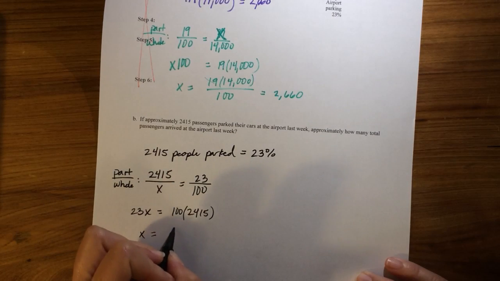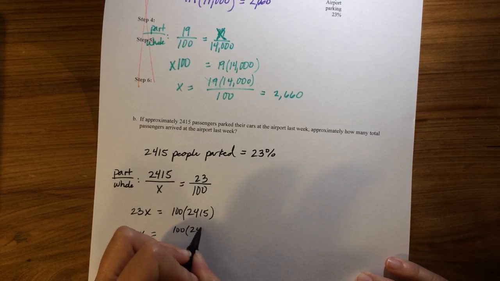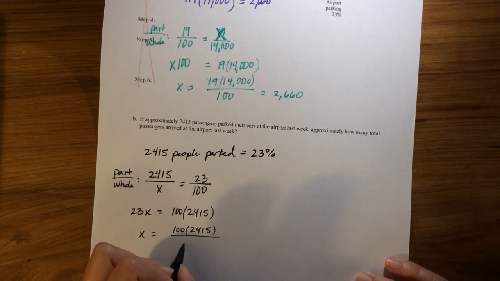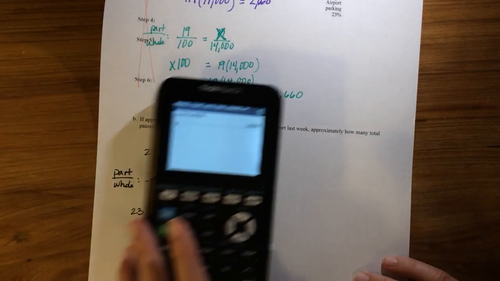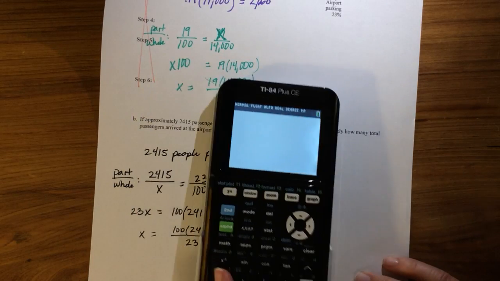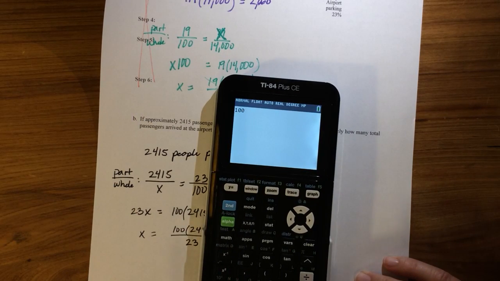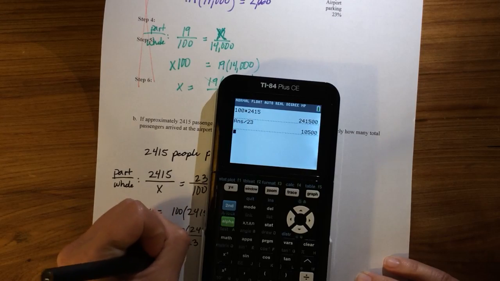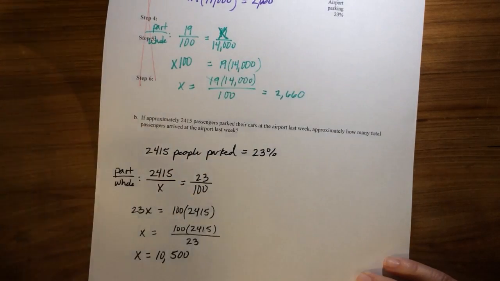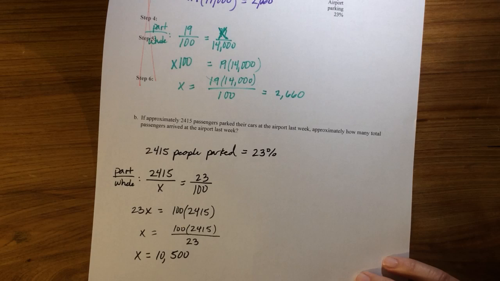So x equals 100 times 2,415 all over 23. Right? So now if we have this, clear my old stuff out, that's 100 times 2,415 divided by 23. That means that 10,500 people arrived at the airport last week.